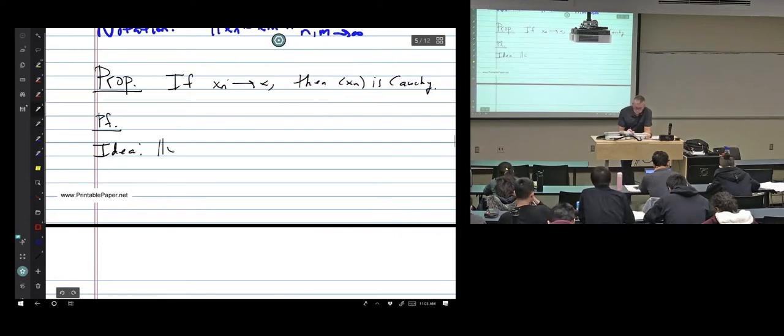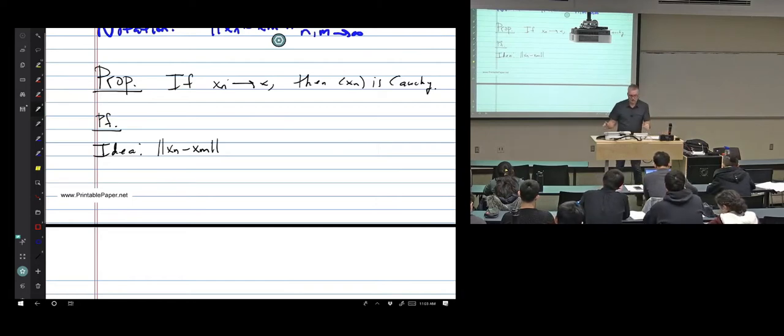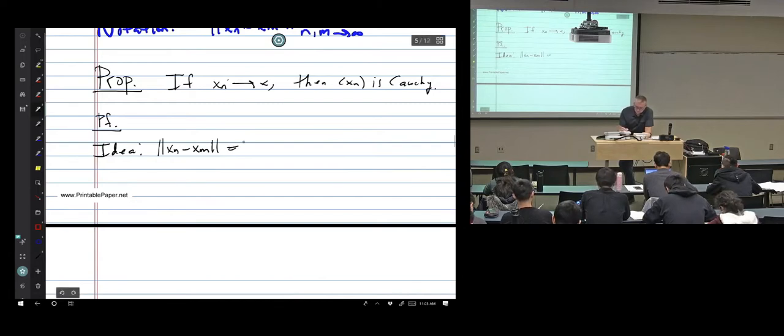What's the idea? It's really the same proof that we used when we proved that limits are unique, except we changed the names to protect the guilty here. How far apart are the terms in the sequence? I don't know.